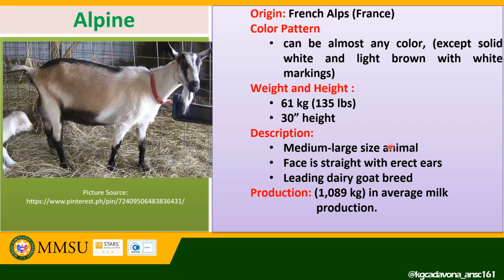Also, they are popular within the dairy goat breeds due to the amount of milk they produce, and they are recognized as the leading dairy goat breed for milk production, at about 1,089 kilograms on average milk production per goat.